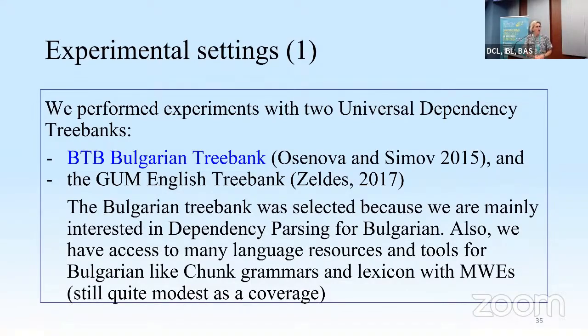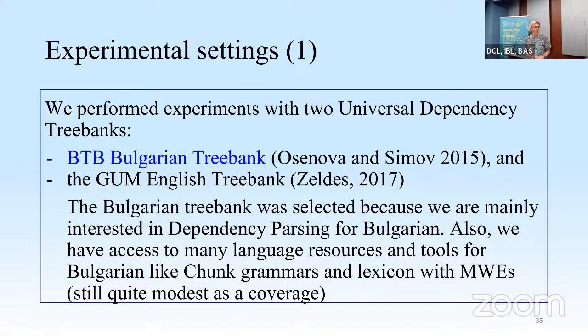Okay. So we worked with two universal dependency tree banks. The one is ours, the BTP Bulgarian tree bank, and also the GUM English tree bank. There are several English tree banks, but as I said, we use the one that is comparable in size to ours.